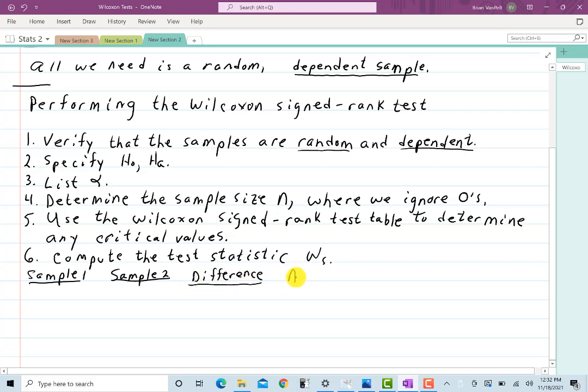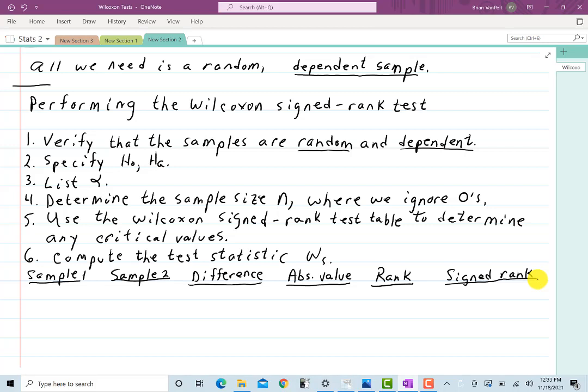And then we're going to take the absolute value of that difference. Then we're going to rank them, and then assign a rank to each entry. And it's when we get to the assigned rank that we'll finally be able to figure out what the test statistic is.